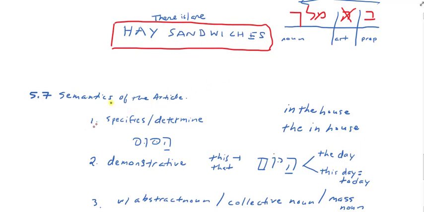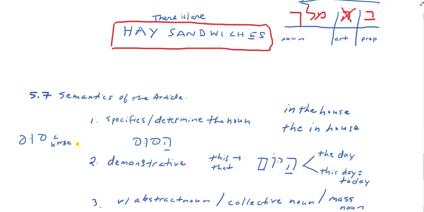Number one, the article can be used to specify or to determine the noun. So without the article, the word sus would mean horse. Okay? Sus would mean horse, as in a horse.